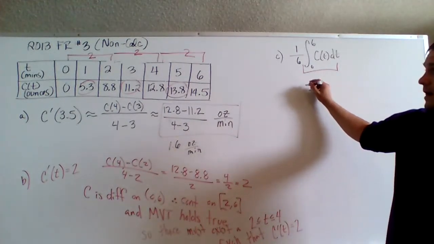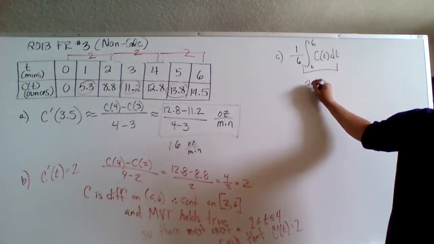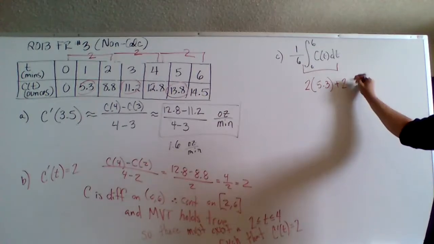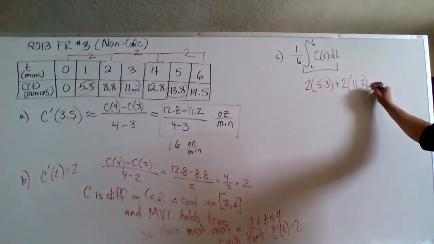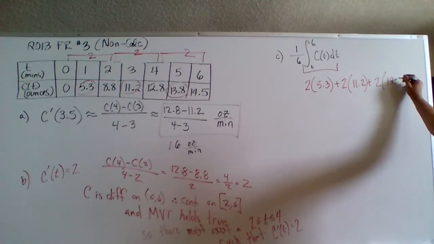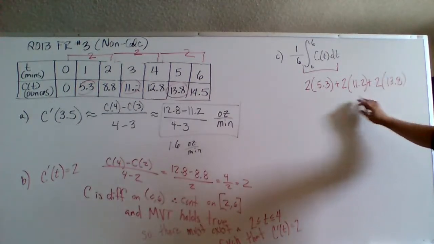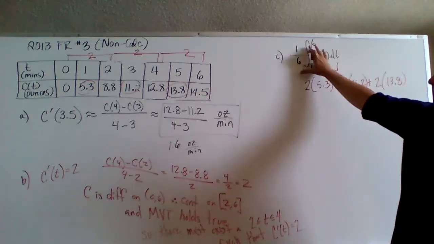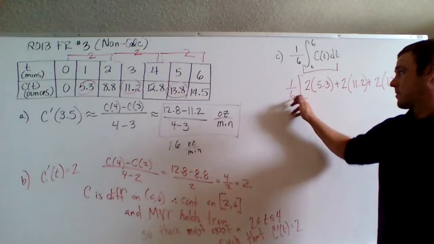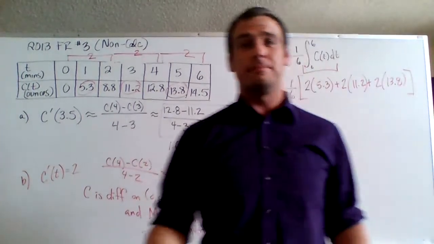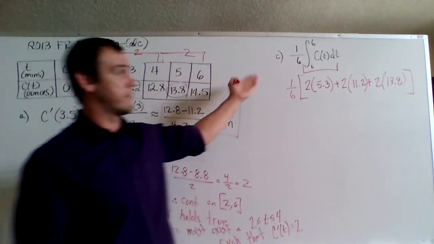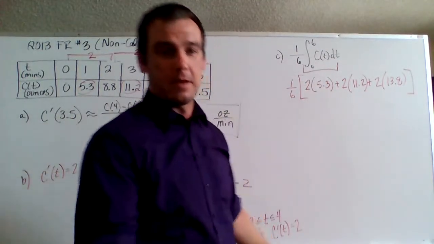This is approximating our 2 times 5.3 plus 2 times 11.2 plus 2 times 13.8. Okay, this is approximating that integral. We're going to multiply that approximation by 1 over 6. Okay, and stop there. Don't keep going. This is non-calculator, but even if it was a calculator, there's no reason to type that into your calculator.